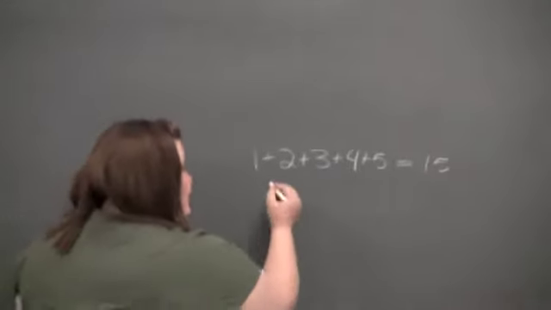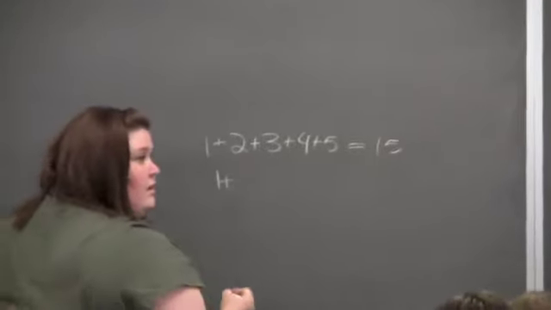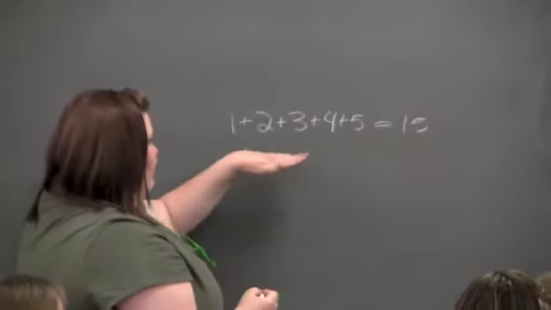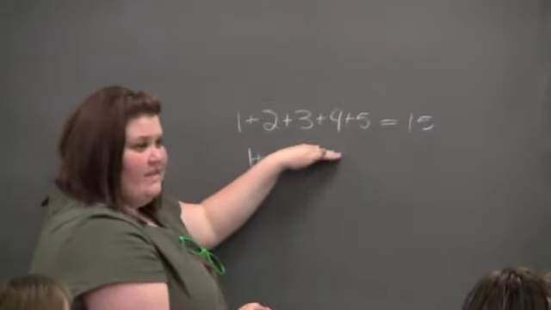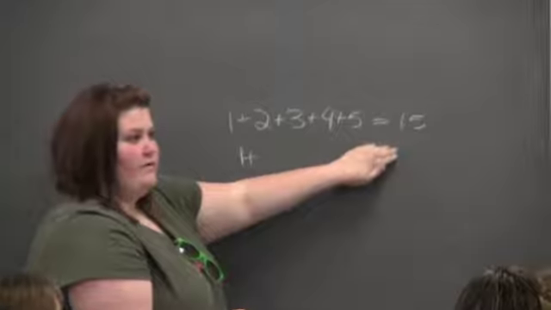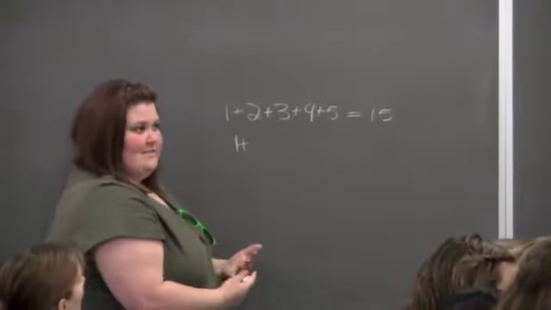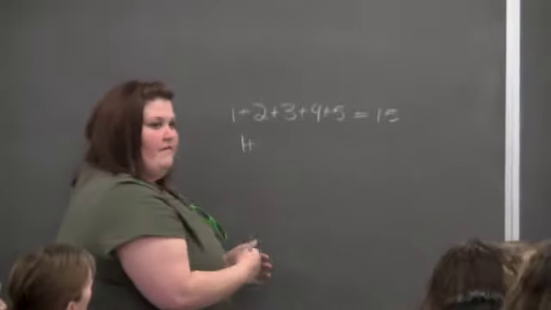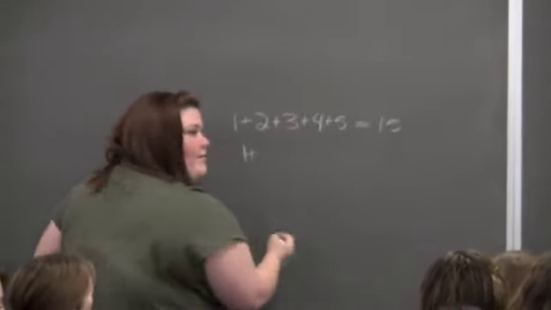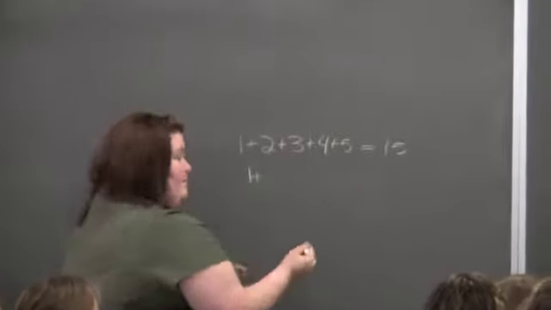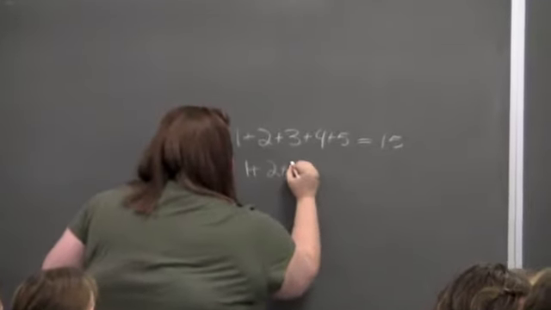So I thought, well, what if I did it with 4? So your conjecture was? That when adding 5 consecutive numbers, the answer will always be divisible by 5. And I found that to be true as many times as I did it. So I thought, well, what if it worked with 4? Because we did 3, and 5 seemed to work, so I did 4.